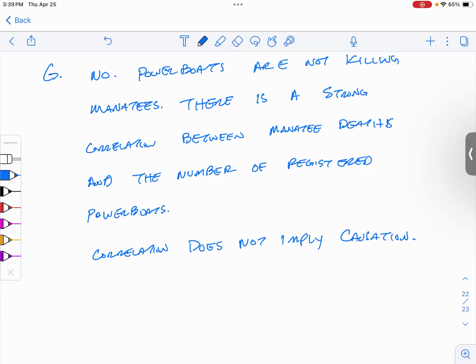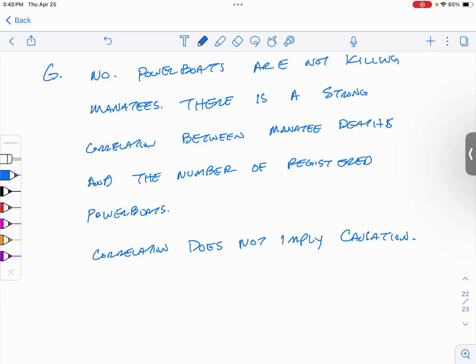All we can say is there is a strong correlation between manatee deaths and the number of registered powerboats. That's the strength of the conclusion that we can make. And the biggest thing that I always want to emphasize: correlation does not imply causation. We just talked about it, right? In whatever capacity, the cause is humans, and actually that's the cause of both variables. Humans cause powerboats, humans cause manatee deaths.